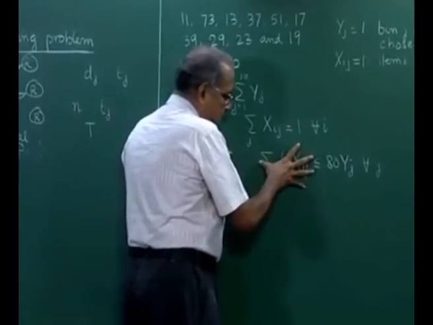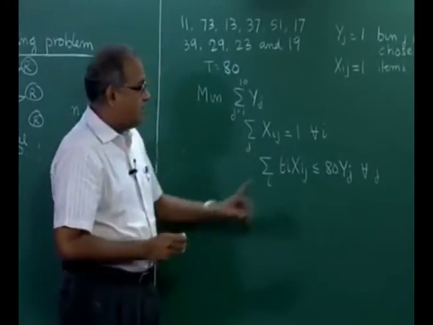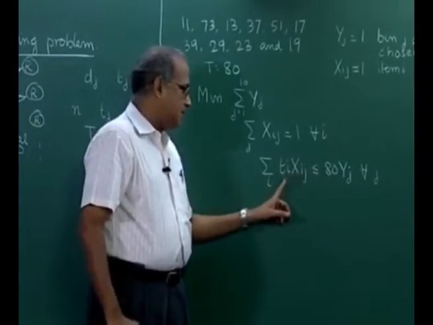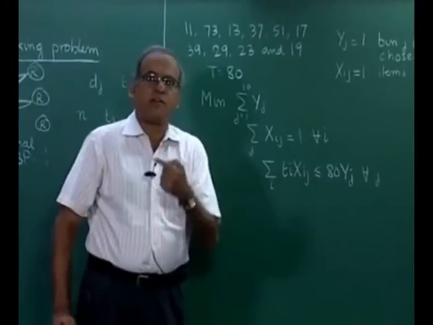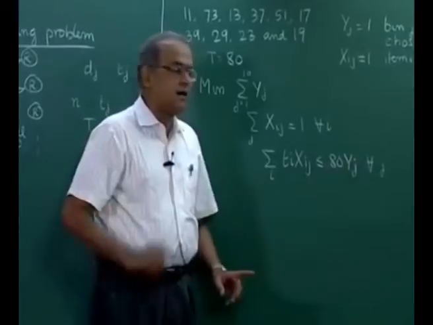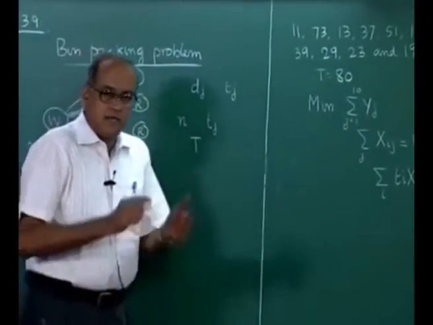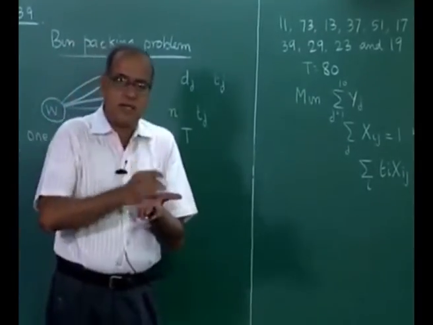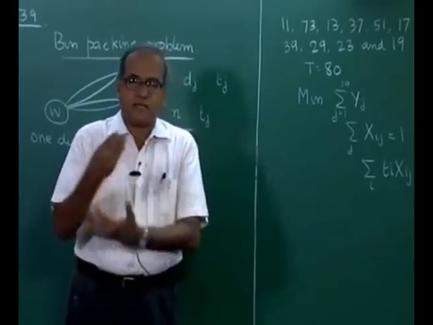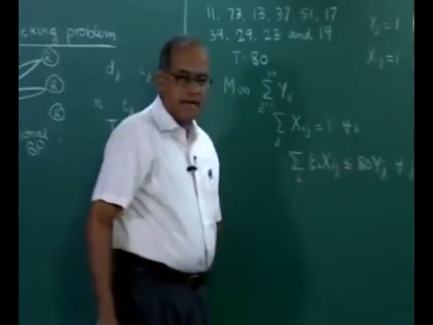This should be less than or equal to 80, and we can assign i to j only when it is chosen, only when yj is 1. Therefore, this constraint, less than or equal to 80 yj or capital T yj, will ensure that not only are items assigned to bins that are chosen, but also that when items are assigned, the sum of the lengths does not exceed this 80.